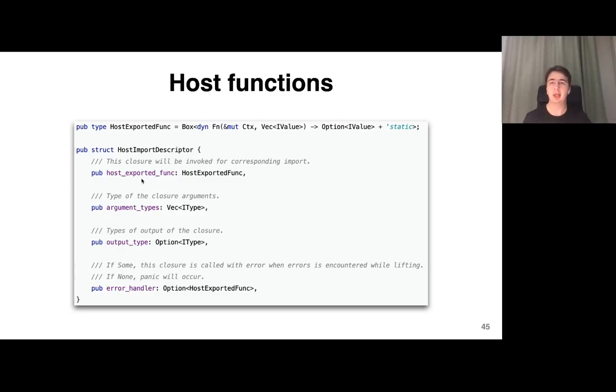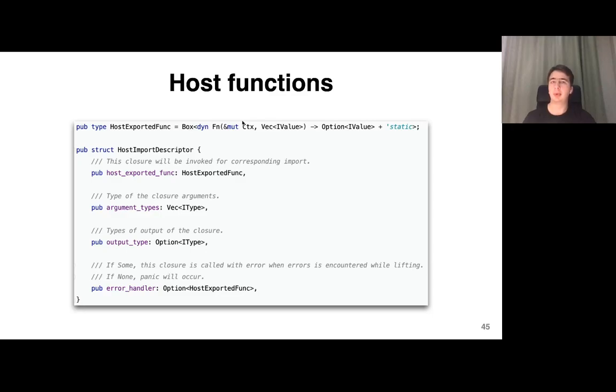This descriptor contains several fields. The first one is a closure, and this closure has such a type. Here you can see that we pass context. Context here stands for Wasm context, and with the help of this argument some internal details can be accessed.